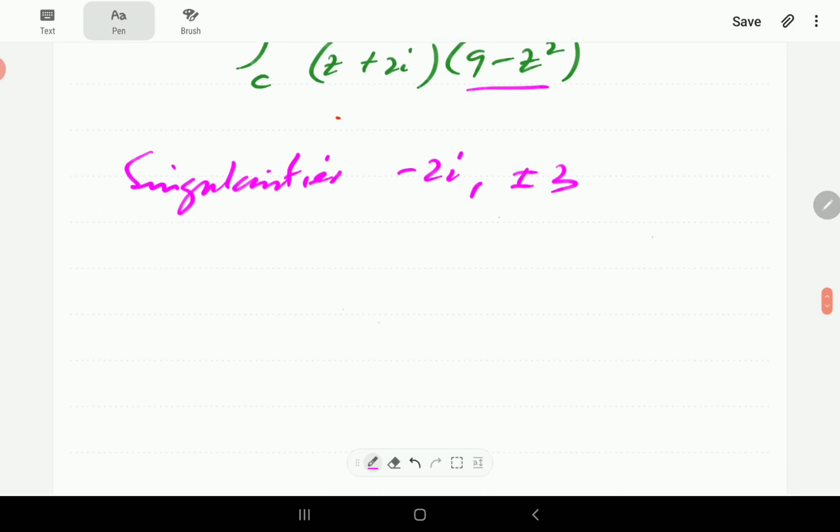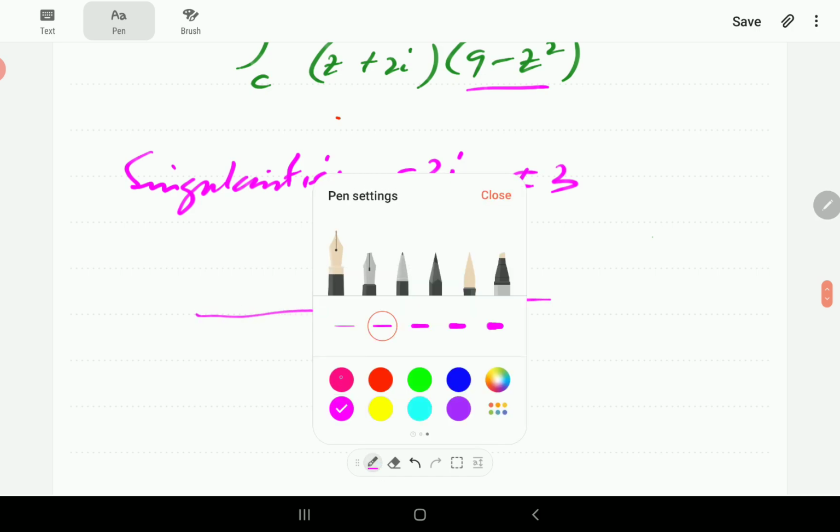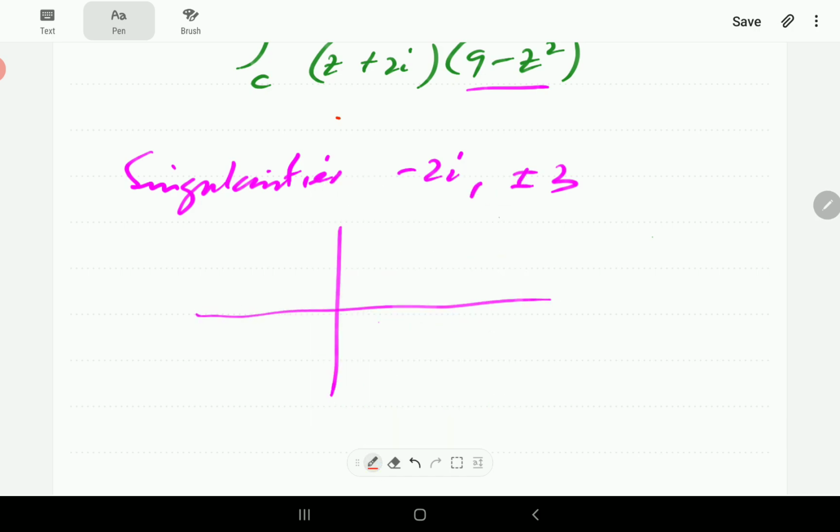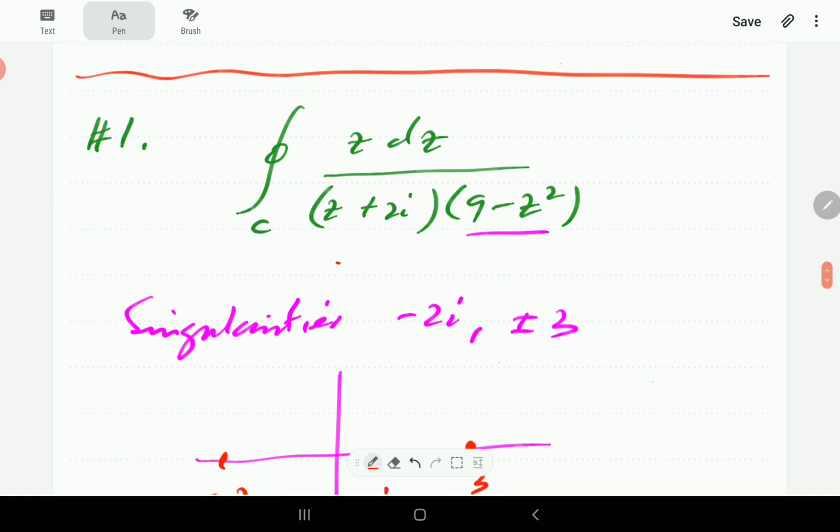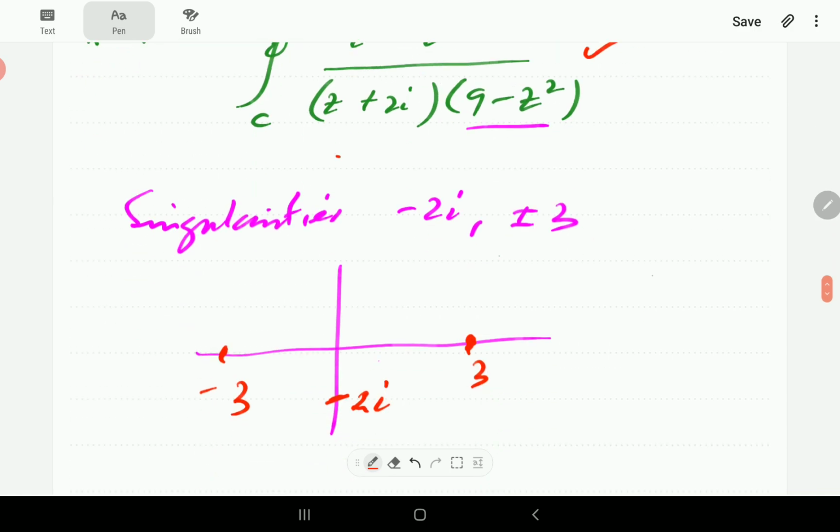Let's plot those on the Argand diagram. If this is minus 2i, then 3 is going to be somewhere there, and minus 3 is going to be there. These are the singularities of the function that we're dealing with.